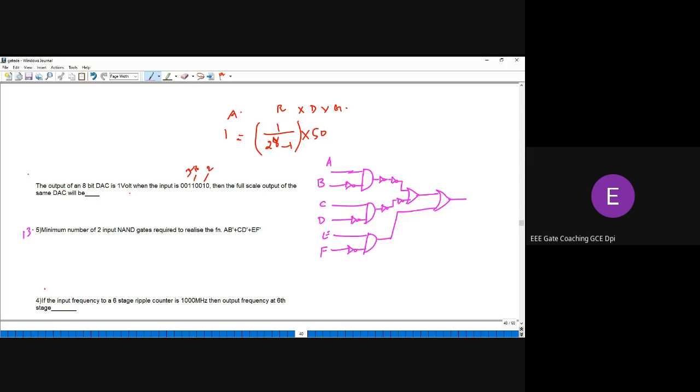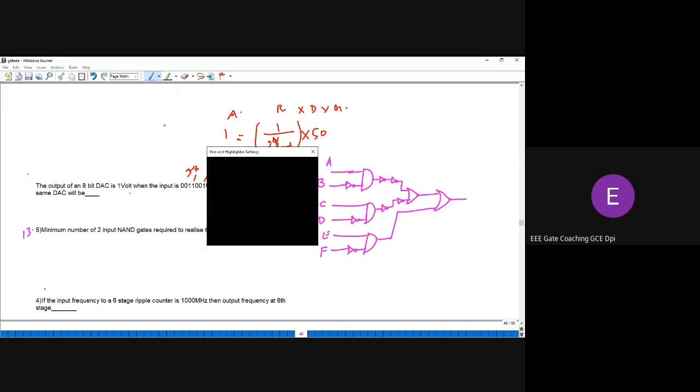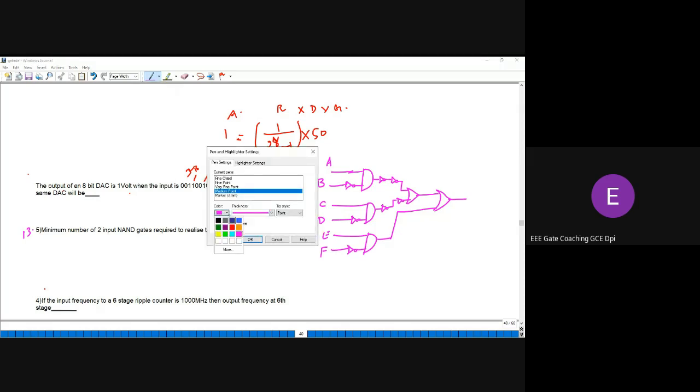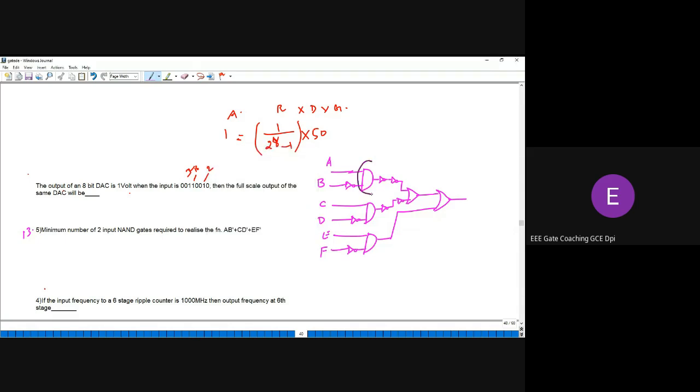So this becomes one NAND gate, and this becomes one NAND gate, and this becomes one NAND gate. Similarly, I draw for this area.